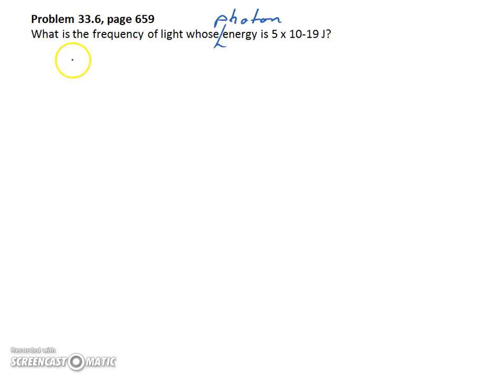So then we need to use the equation that the energy of a photon is equal to Planck's constant times the frequency. So as we have the energy, we can compute the frequency by dividing both sides of this equation by h.